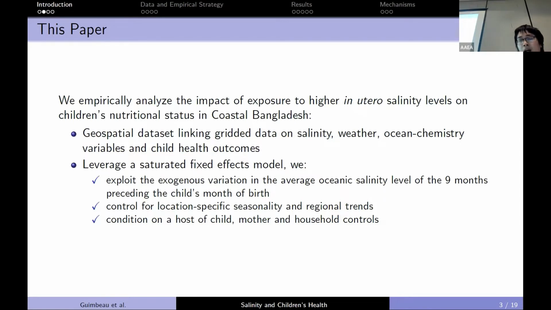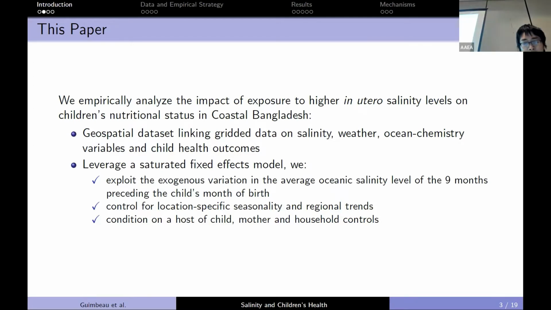To do that, we leverage repeated cross-sectional observations, about 20 years of data, and then we geographically link that with salinity levels coming from the ocean. So how much salt is in the ocean's water, and we have a pretty good measure of that. We also have weather data and other ocean chemistry data, and we're trying to say what is the impact of salinity exposure on child health outcomes.